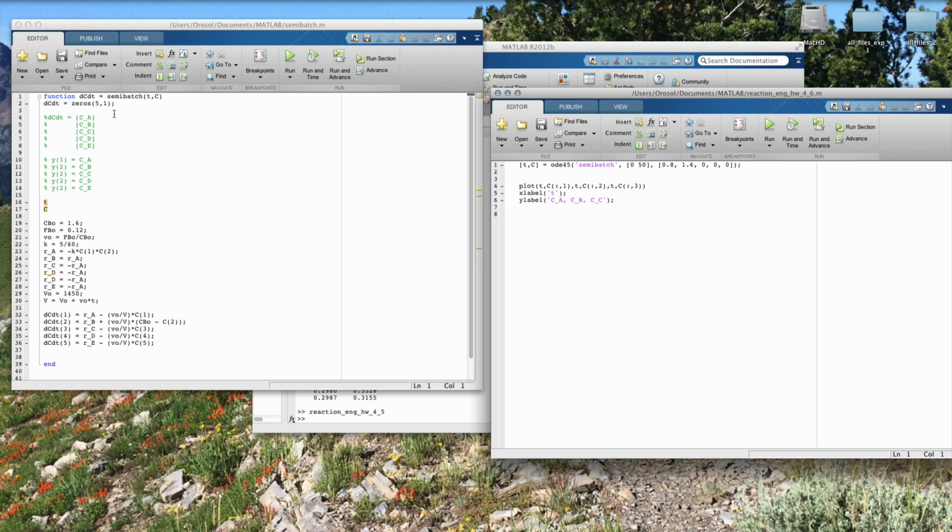So first of all, you need to write a function, and I just called this function semi-batch, so make sure it's named the same, semibatch.m. But this time, I'm solving 5 ODEs instead of just the 2. So this time I have dcdt is equal to zeros, and then I have this 5, 1, and I'll just run this real quick so you can see what that's actually doing.